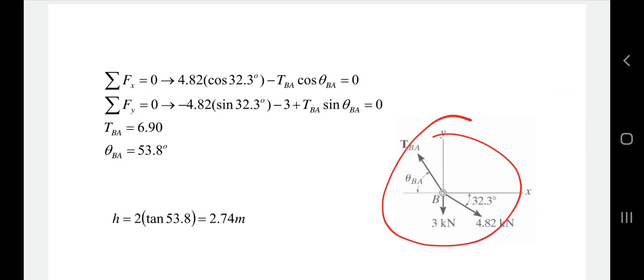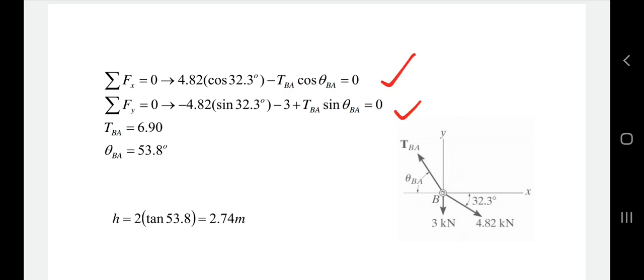Here you can see that, like we used to form the joints in trusses, we have point B and its free body diagram, and the equation is formed: summation fx is equal to 0 and summation fy is equal to 0, like we did in the previous equation at point C. We'll do the same here.